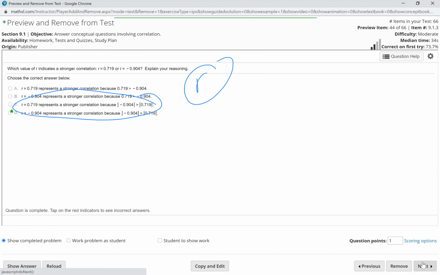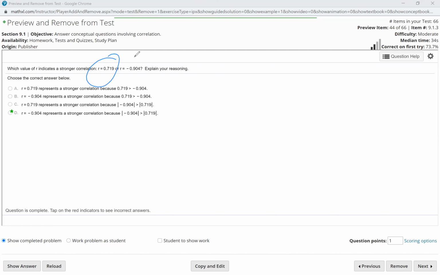Next. Okay, which value is a stronger correlation? You have 0.719. Let me clear the previous one. And you have this.